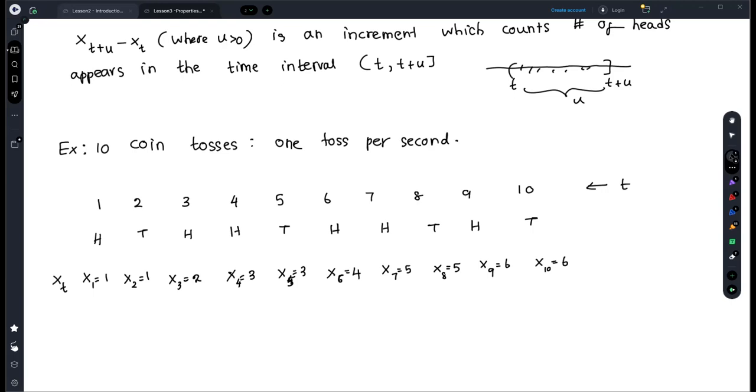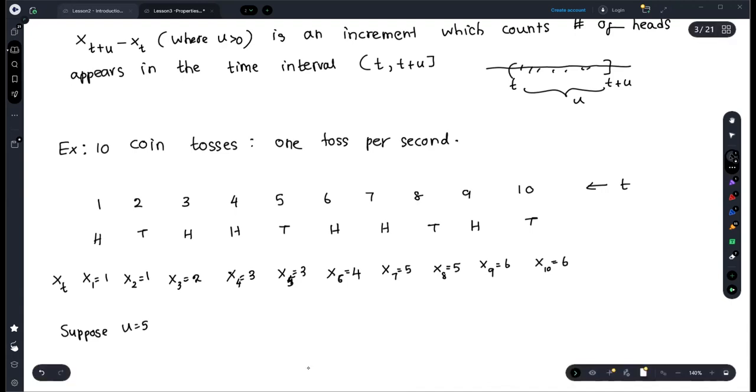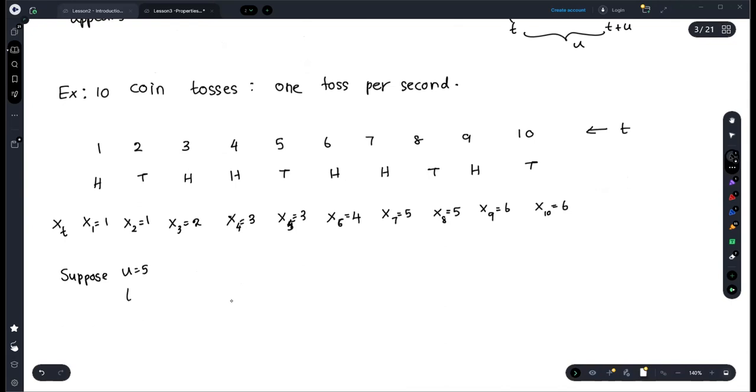Now let's try to give some numbers. Suppose u equals 5. And t equals 8. Okay, t equals 8. 8 and 5, it's 2. Okay, let's say t equals 3.